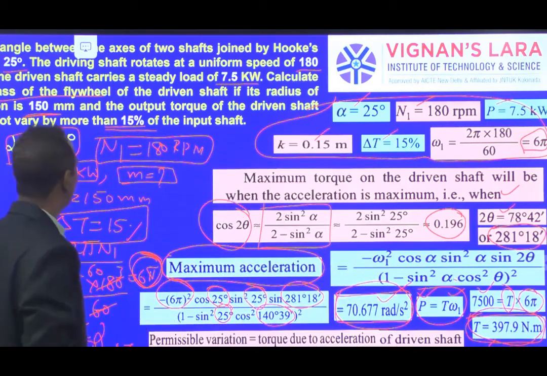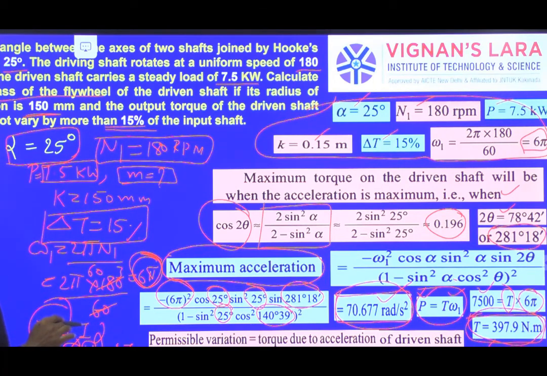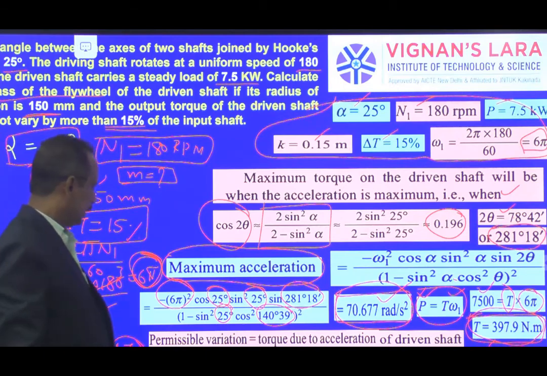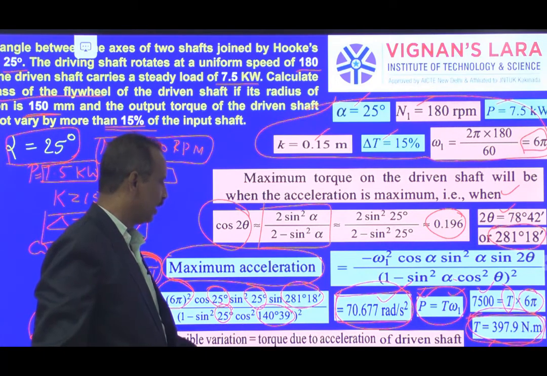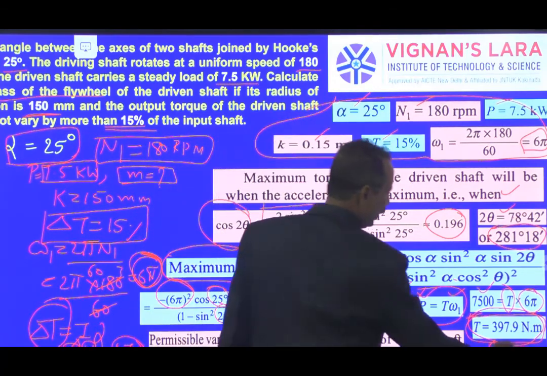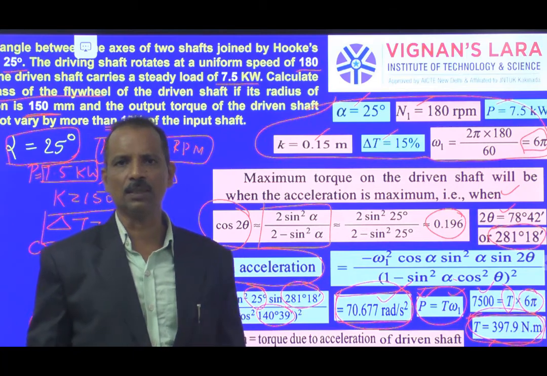Then, as given, the percentage of variation of the torque is 15%, so delta T is I alpha, T into 0.15, gives m k square alpha, from which finally the mass is obtained as 37.53 kg.